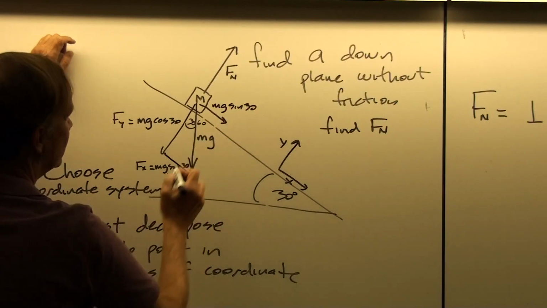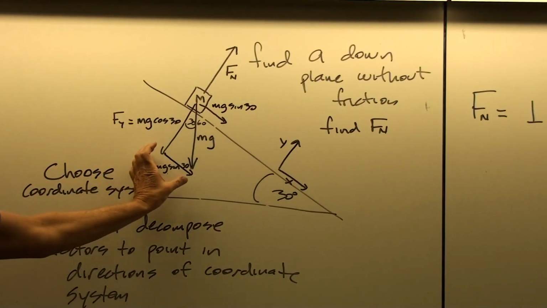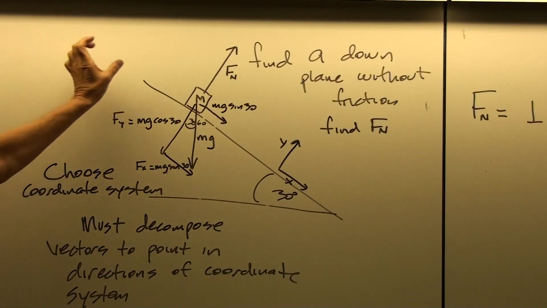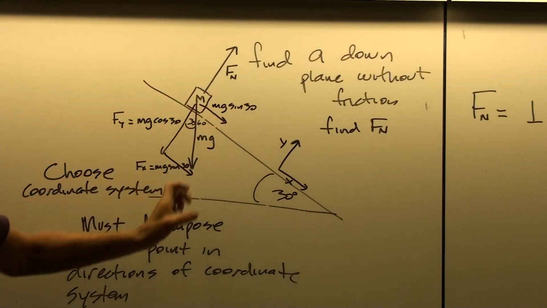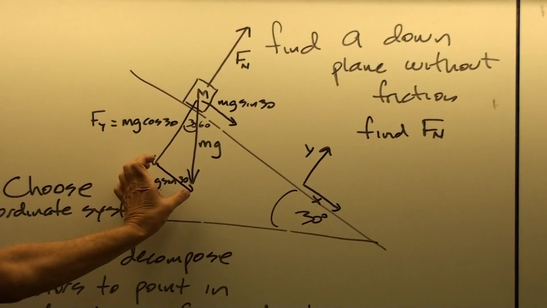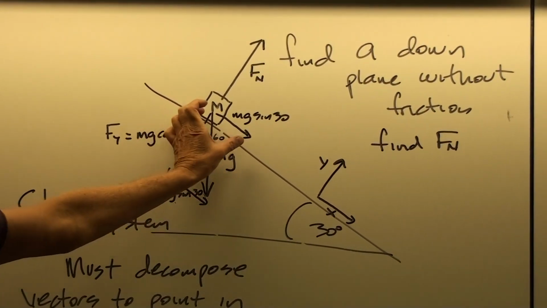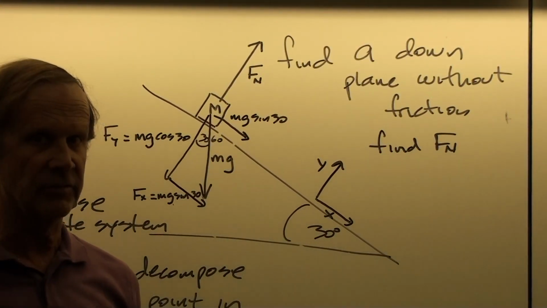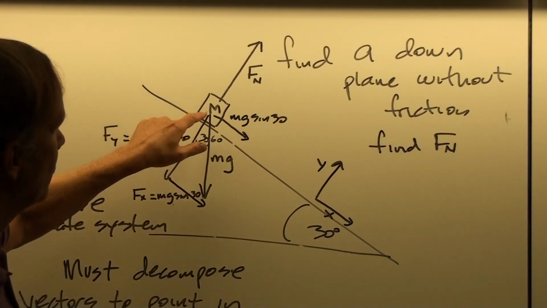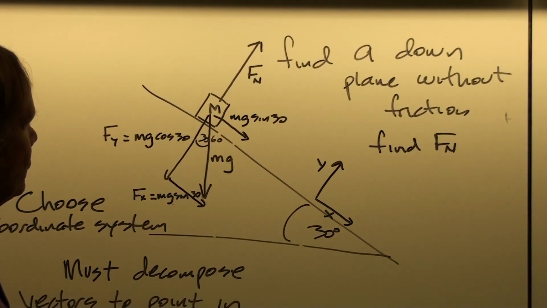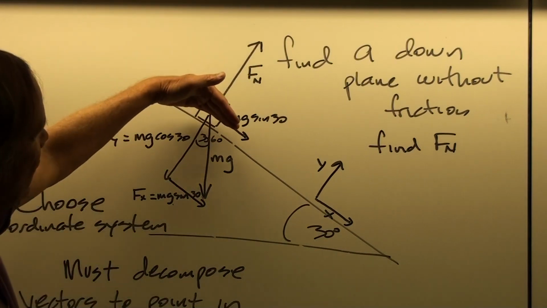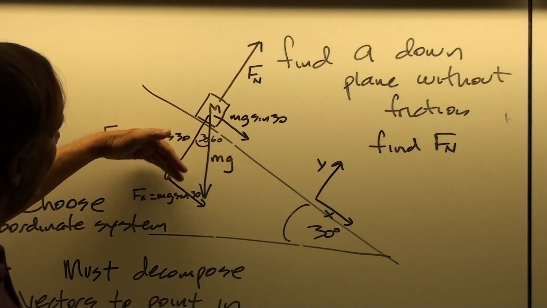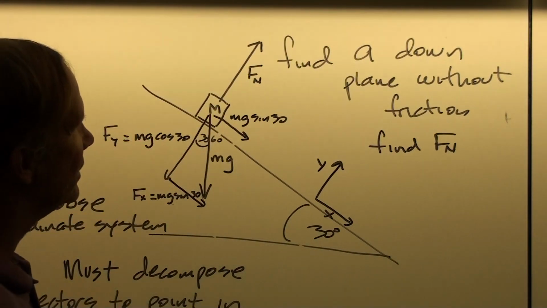Remember that vectors, you can draw them and put them anywhere you want. They're still the same vector. But here I think it's more instructive for us to take this vector that I used in this triangle and place it at the point where it's actually acting, which is right at the center of the mass of the object. Okay, so this is the only x force that's acting, and the y forces are going to cancel.